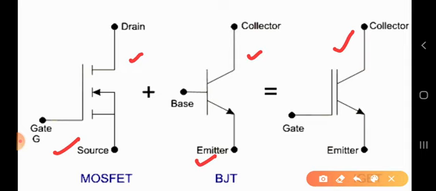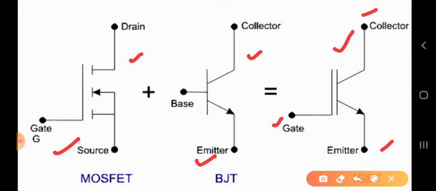So this is a new symbol which again has terminals like the MOSFET and BJT. 3 terminals we are having. Now what are those 3 terminals? One is the gate, and the collector and emitter.